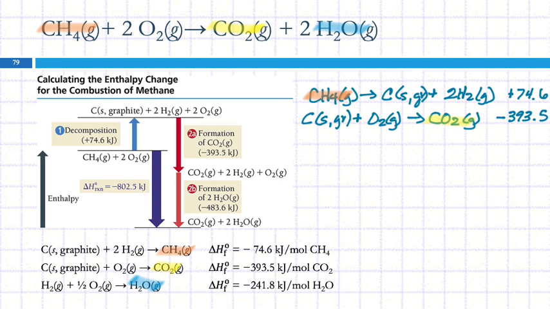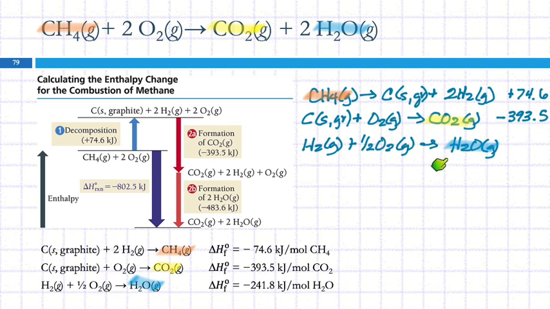And then I need water as a product, and so that's this guy over here. So H2 plus 1/2 O2 making H2O. Does this have the correct coefficient on it to match up with the equation we're trying to make?